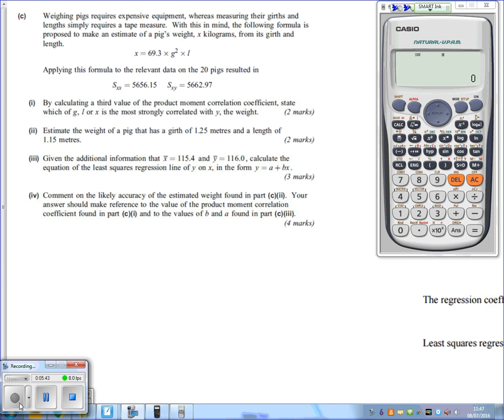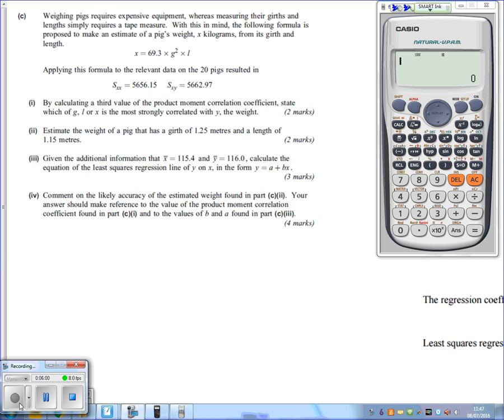Now X is our formula. Calculate a third value of the product moment correlation coefficient, stating which of G, L or X is most strongly correlated with Y. So exactly the same as what we've just done, but now we're using these new data.